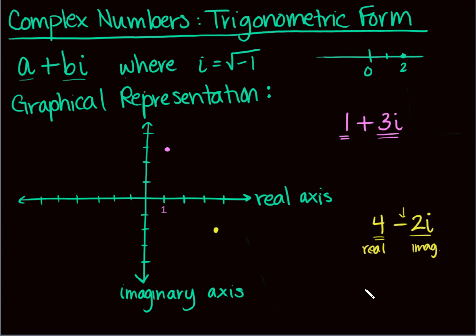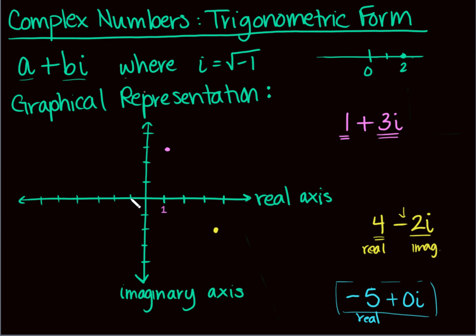Notice if I had, let's say, the number -5. So -5 is all a real number, right? We don't actually have any imaginary part to it. We don't think of it that often, but we can think of a real number as a complex number if we think of this as -5 plus 0i.